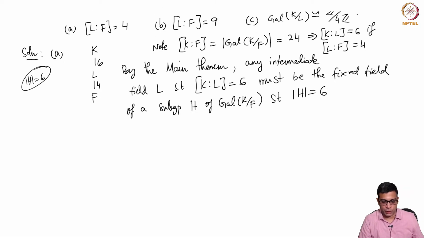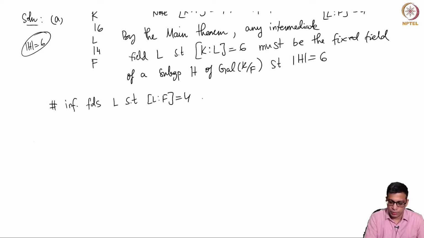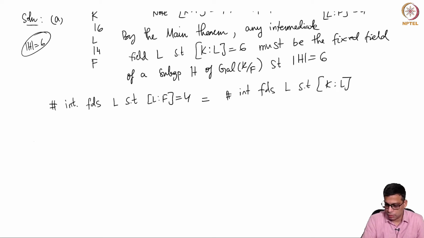So the number we are looking for, the number of intermediate fields L such that [L : F] equals 4, is equal to the number of intermediate fields L such that [K : L] is 6, because [L : F] is 4 is exactly the same as saying [K : L] is 6.